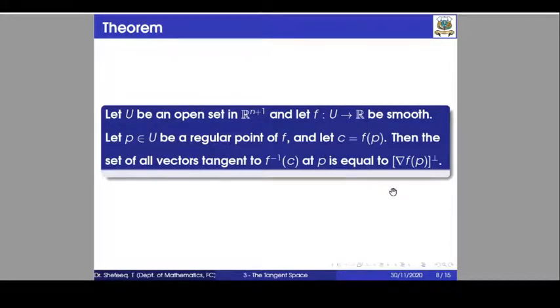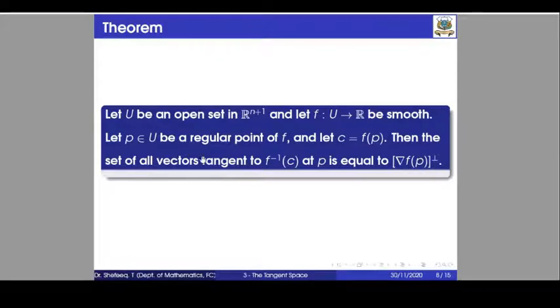Let U be an open set in R^(n+1) and let f from U to R be smooth. Let p belonging to U be a regular point of f and let c equal to f of p. Then the set of all vectors tangent to f inverse c at p is equal to del f of p orthogonal.